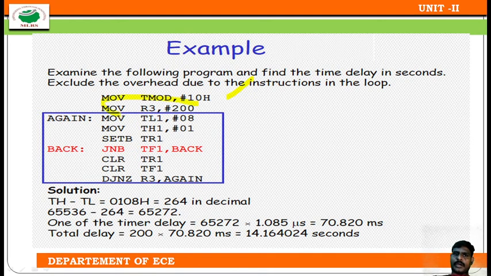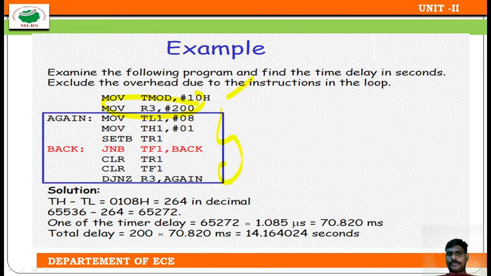I am taking a count in R3 of 200, so 200 is moved to the R3 register. Then I write the usual program for generating the delay, and after clearing, I am not going back to the start. Again, I am going to repeat this loop 200 times.